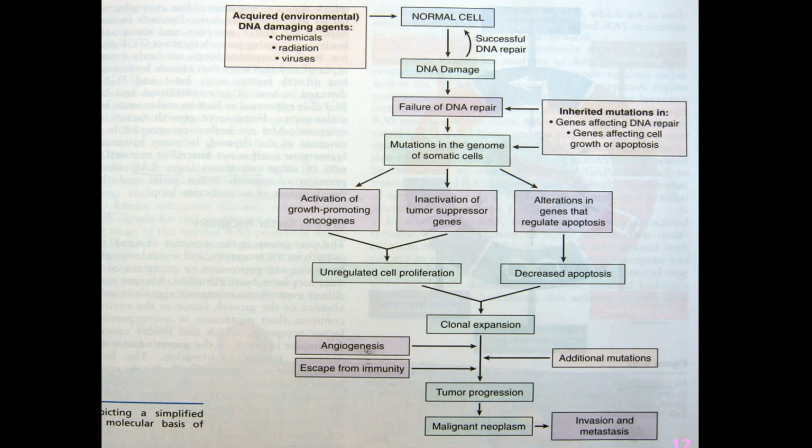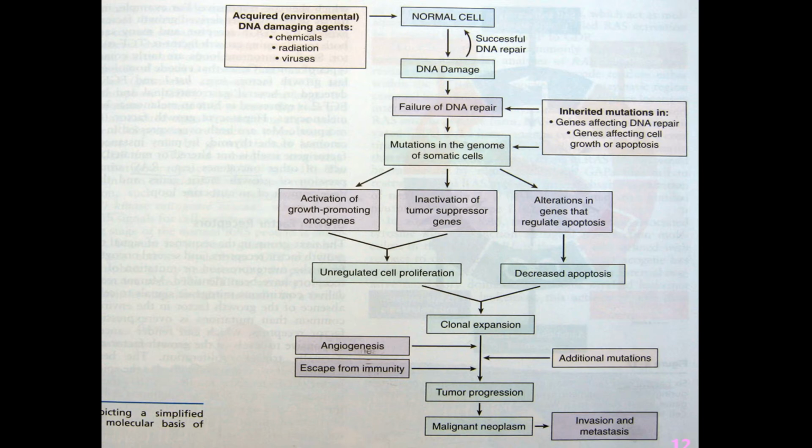Now this slide shows us the very important points of neoplasia formation, tumor formation. Here you see the main etiological factors in these columns, and the mechanism, step by step, of how the normal cell becomes transformed into a malignant neoplasia.